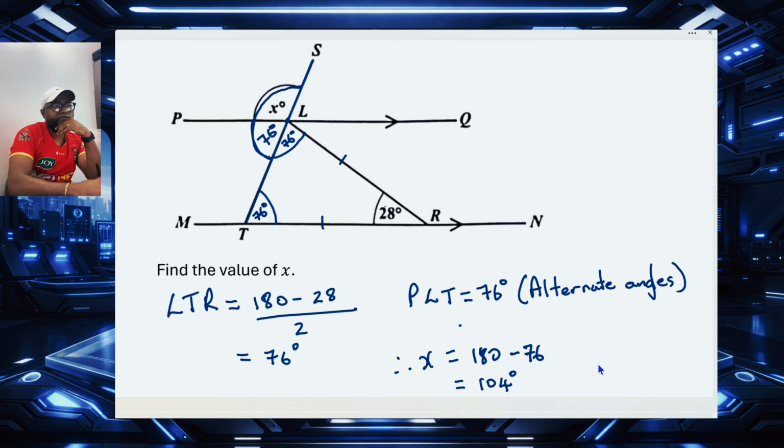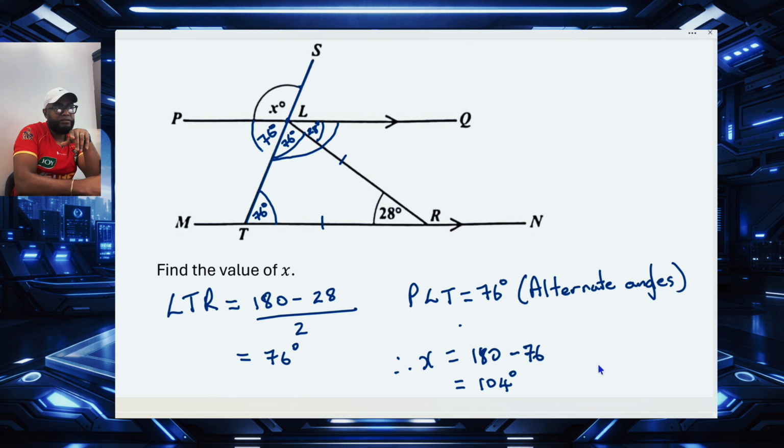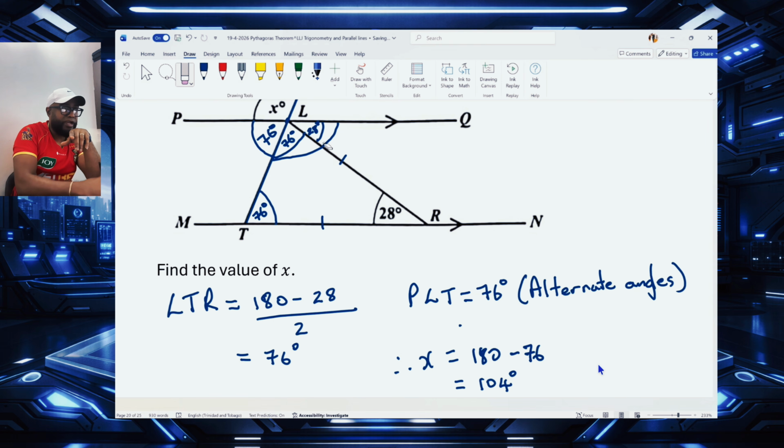You know why? Because if he has 28 and then he has 28, alternate angles again, right? But this angle here and this angle behind here will be vertically opposite. Let me put it in red. I'll show you again.